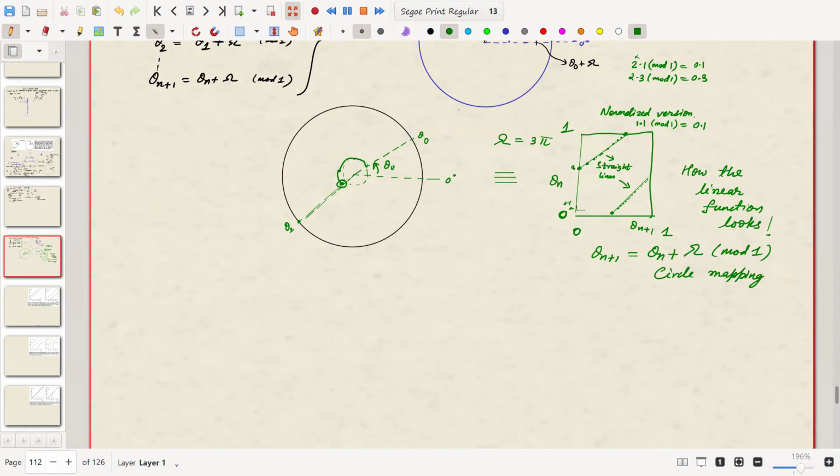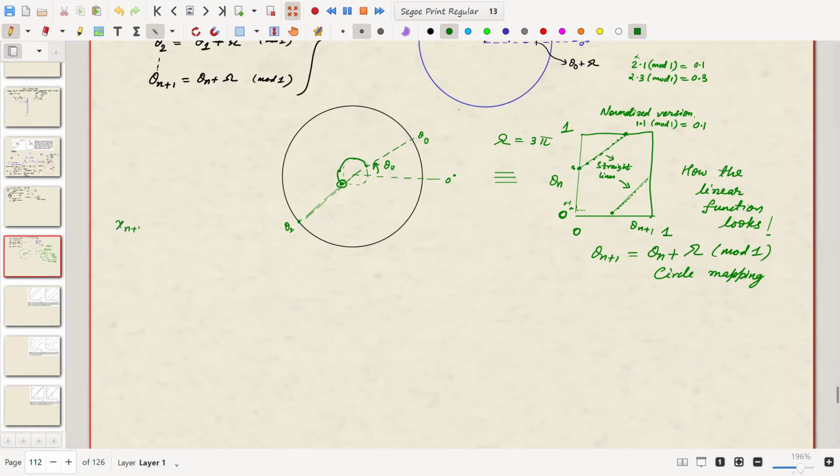One good question for you to explore is, can this map show chaos? It might be tempting to think that since it is a linear function, it might not show chaos. But I want you to think more about it because it is not a smooth function. How was the logistic map?